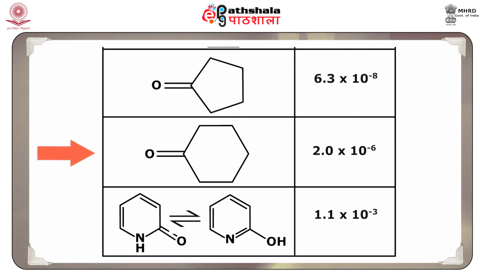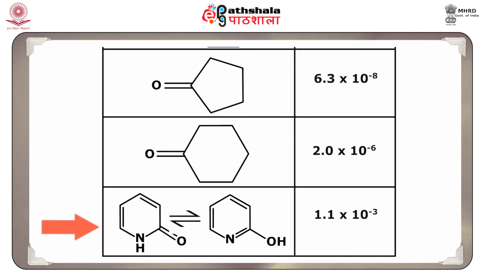So the value is getting increased correspondingly, and when we go to this cyclic system having these double bonds in conjugation and an NH also in conjugation with the carbonyl, when it goes into the enol form you can see it becomes aromatic, which is highly stable. So this value has significantly increased to 1.1 × 10⁻³, showing the enol is more as compared to the keto form.